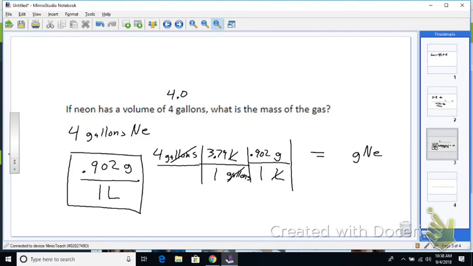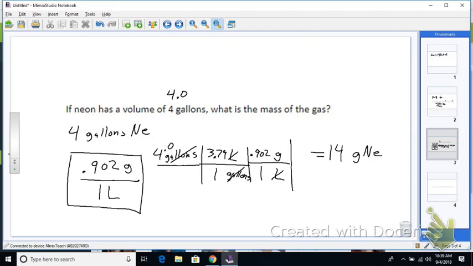Let's make this 4.0 gallons so as not to mess us up on our significant digits. So how many digits my answer is going to have is 2. So the answer's what? 14 grams of neon. Grams slash what? Nope, because we got rid of all our units except for grams. Oh, okay. They all cancel out.